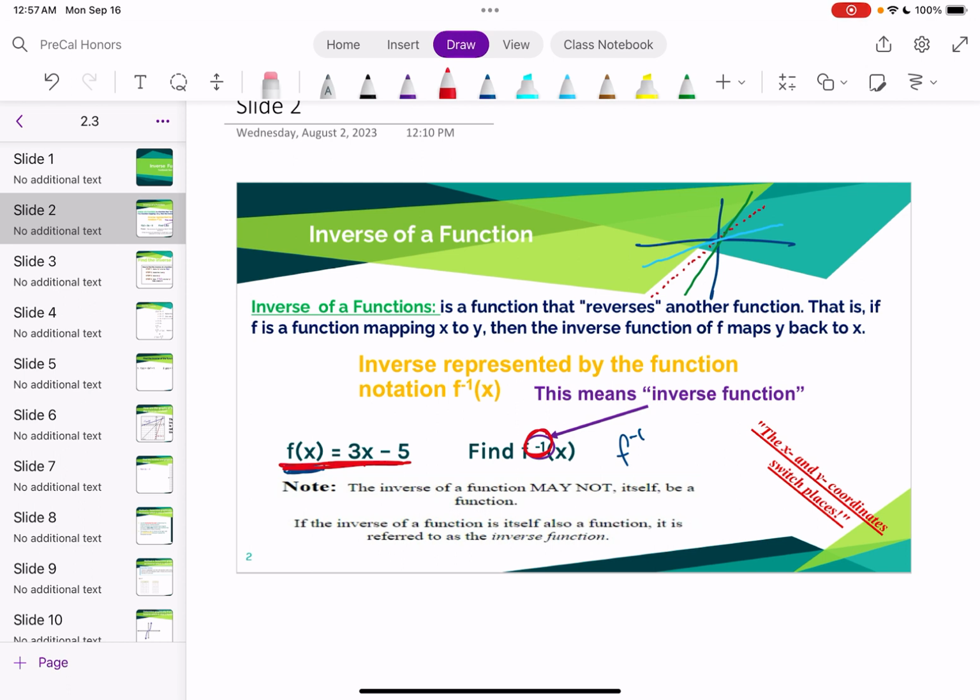Now, when we are looking at the x and y, generally what will occur is that it mirrors and reflects, it almost reverses the other function that you are referring to. So let's start off with understanding how to find that inverse function.